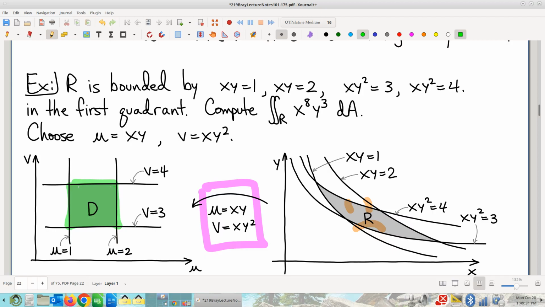But that doesn't mean that it can't still be nice in some other ways. So maybe if this one here were xy squared plus xy, then instead of v equals 4, we'd have v plus u equals 4. It would be a little bit different, but it would still be a dramatic improvement probably. So there are going to be little variations, but the standard, the first example, is going to be like this. Is that cool? Yeah. All right.